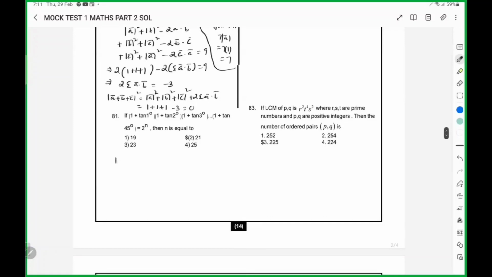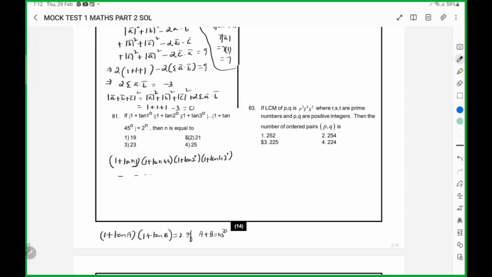Here it is 1 plus tan 1 and so on. So the last one is tan 45. I am taking pairs such that the sum of angles, like here, one familiar property: 1 plus tan A, 1 plus tan B is 2 if A plus B is 45 degrees.